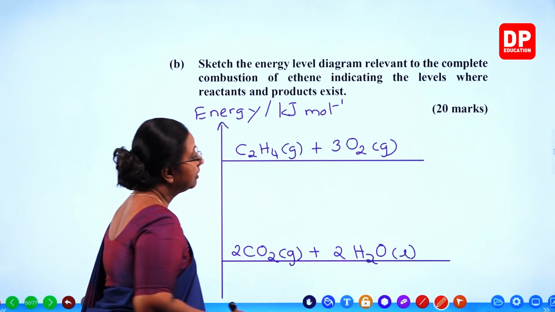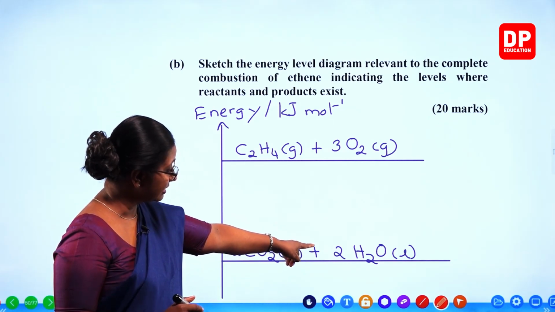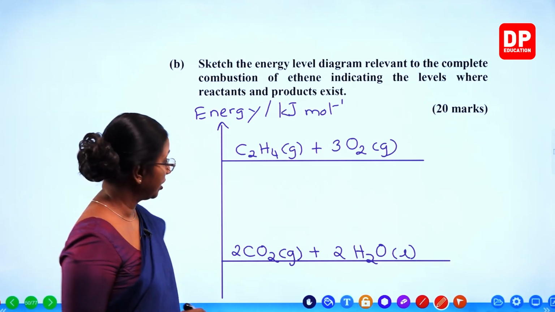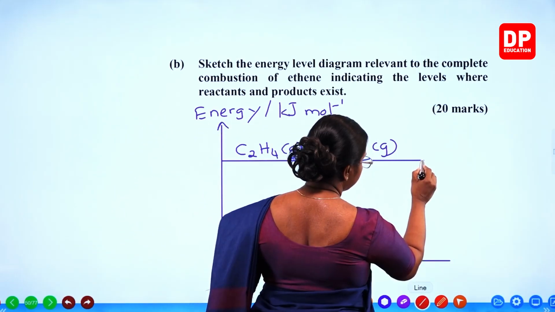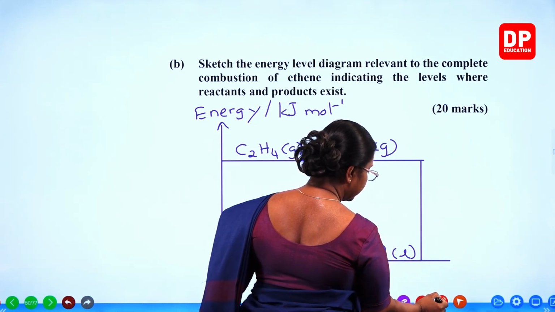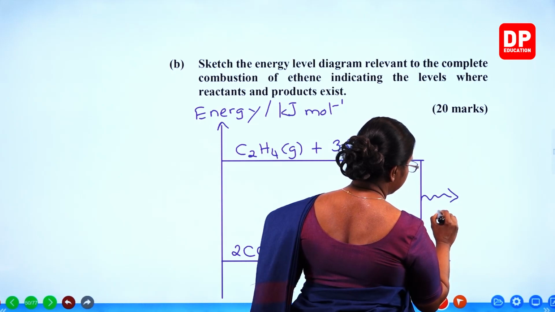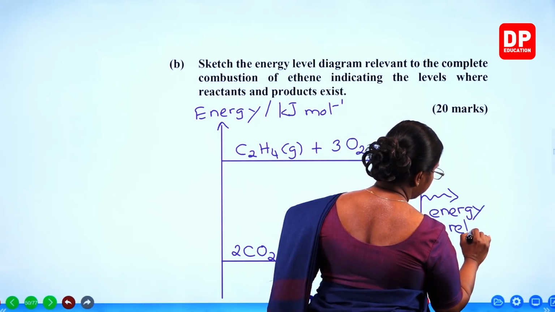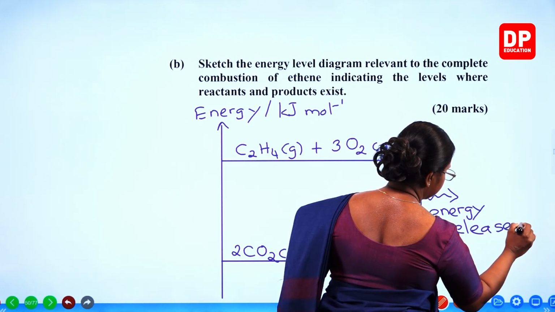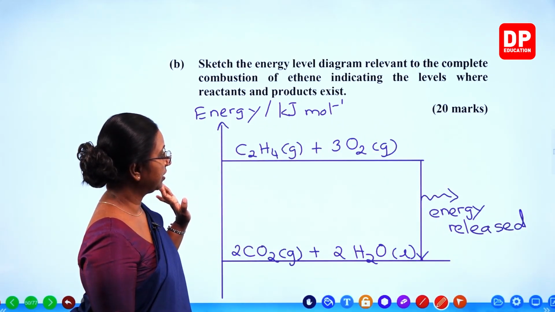Here in the equation we have H2O liquid and we have balanced it. There are 2 water molecules. And then we show the arrow. So here energy is released. So you can show that as well. Energy released, or you can say heat released. Heat evolved. So energy is released during the reaction.